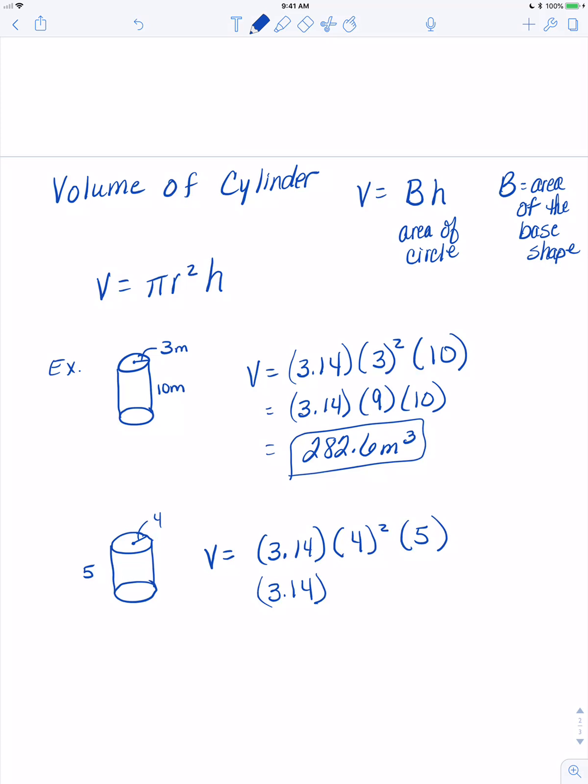So 4 squared means 4 times 4, which is 16, then times 5. So now we can multiply all that together and get 251.2. What are these units? I always forget to write those. Centimeters cubed.